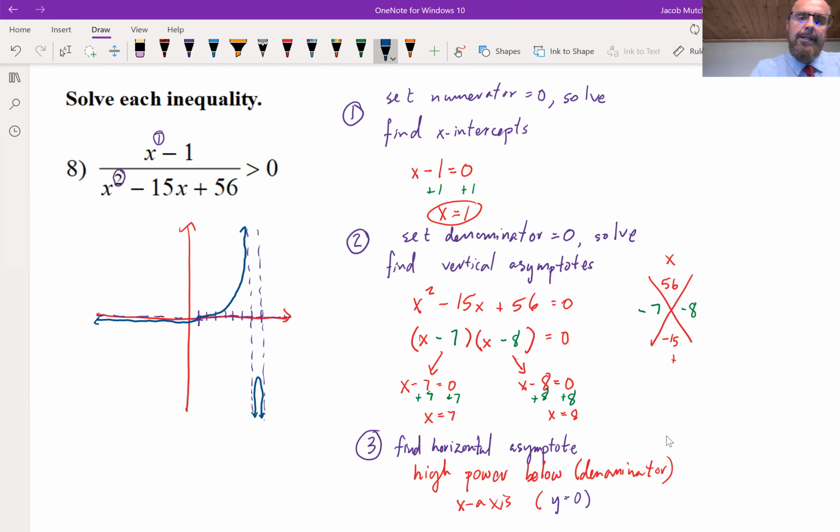And then the function picks up positive on the right side of that vertical asymptote at 8 and continues along the upper side of the x-axis to infinity. So let's interpret this and then write our inequality.